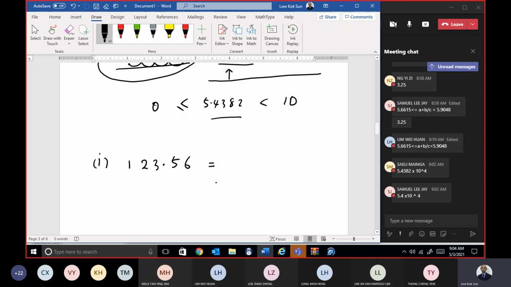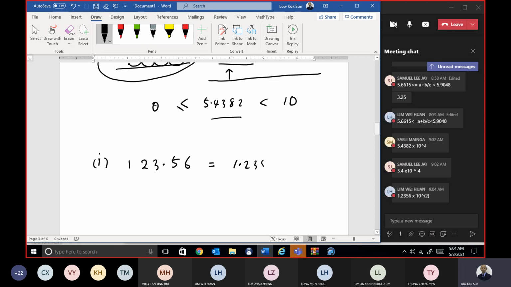Based on the rule of the game, the first number must be 1.2356. No deal, it must be like that. If you put another number, it's wrong already. You understand? It must be between 0 and 10. Then only is it standard form.